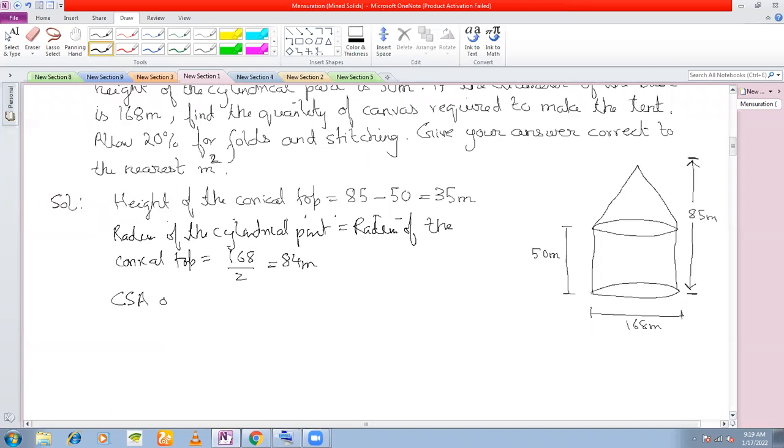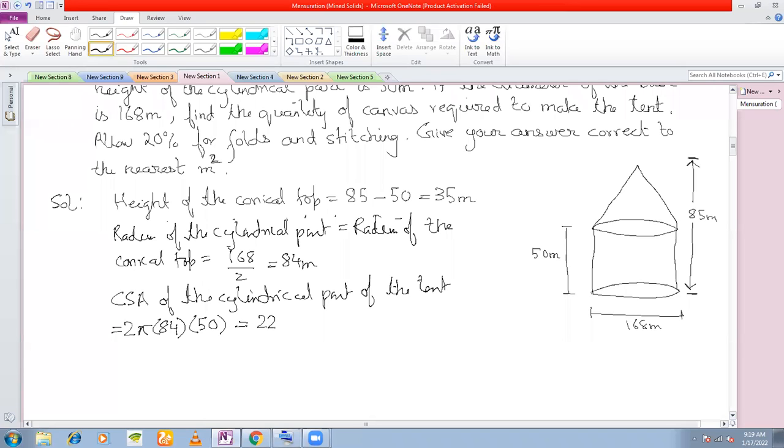Curved surface area of the cylindrical part of the tent is two pi RH. So 2 pi, radius of the cylinder here is 84. And what is the height of the cylinder? 50.